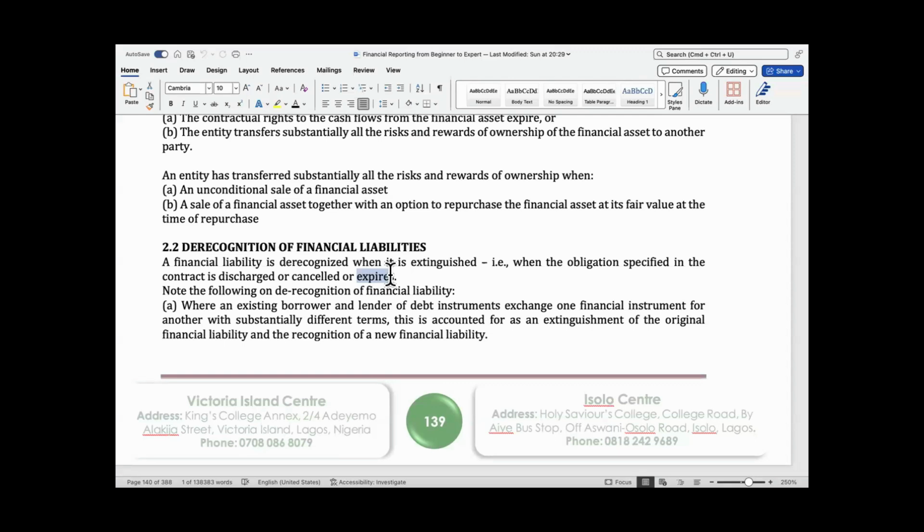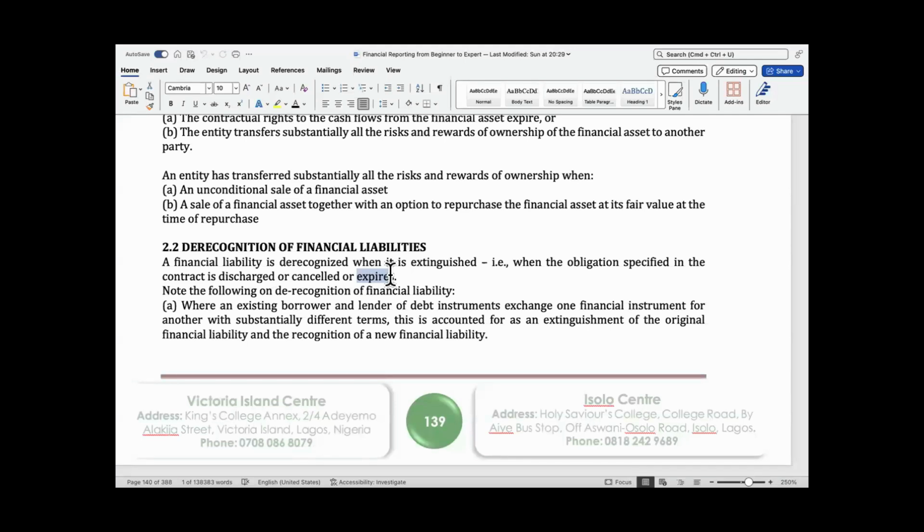So you need to understand extinguishment. There was a scenario where a company borrowed 100 million, supposed to pay back after 5 years. After like 2 years, they had already saved up 100 million to repay. So they have it in their savings, saying, okay, we have this money to repay the loan. On the ground that they have the money, they went ahead and derecognized the financial liability.